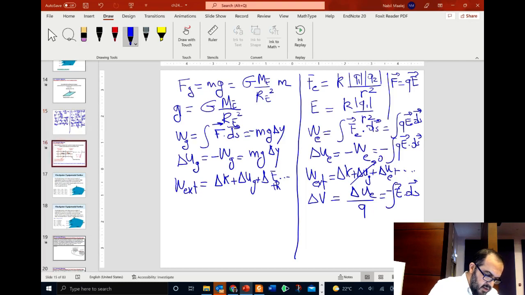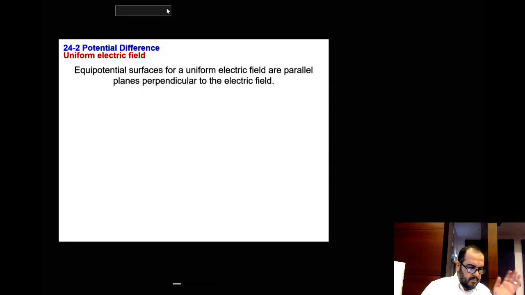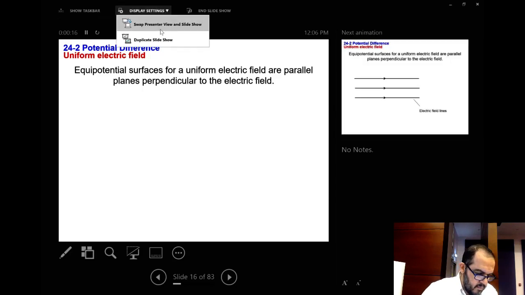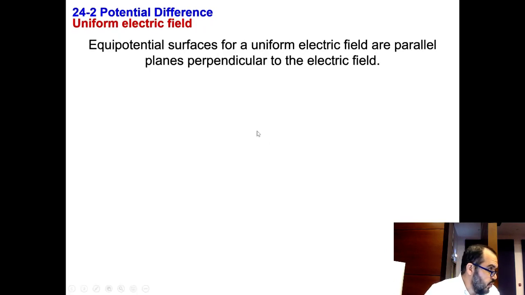Okay, so let me go to presentation mode. For a uniform electric field, we can draw the field and we can draw the equipotential surfaces.